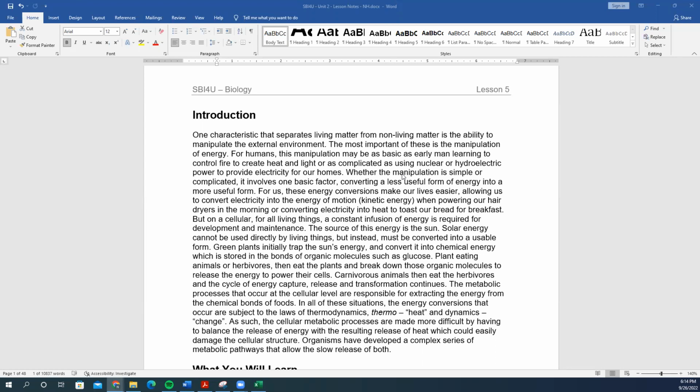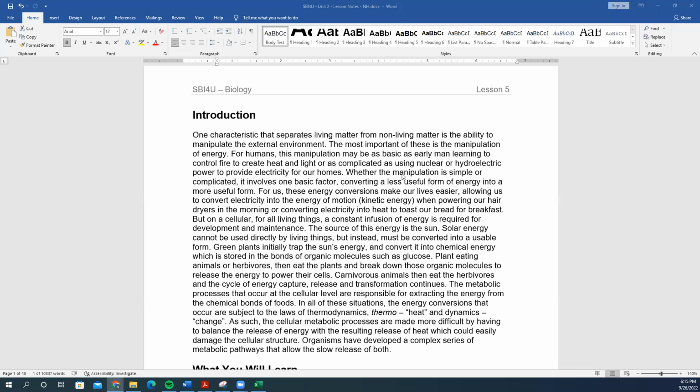One of the important characteristics that differentiates living matter from non-living matter is the ability to manipulate their external environment, their habitat. The most important of these manipulations is the manipulation of energy, being able to put energy into different forms.